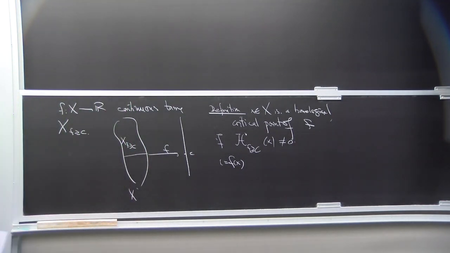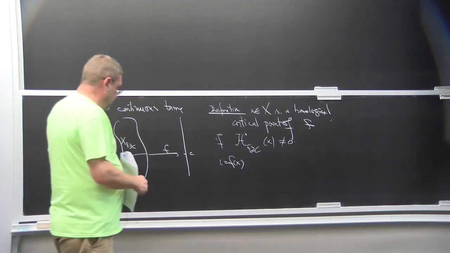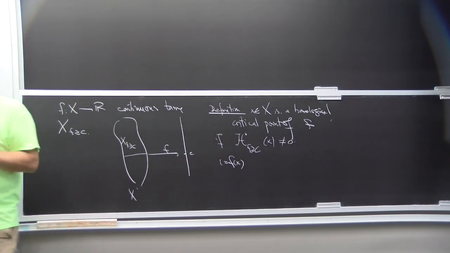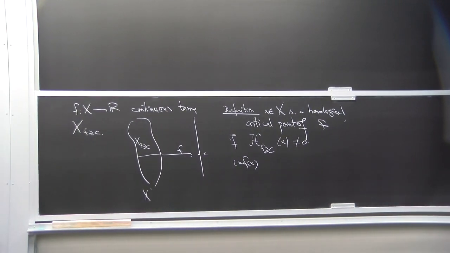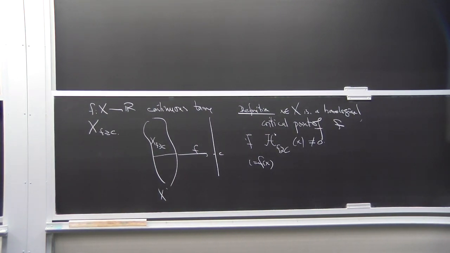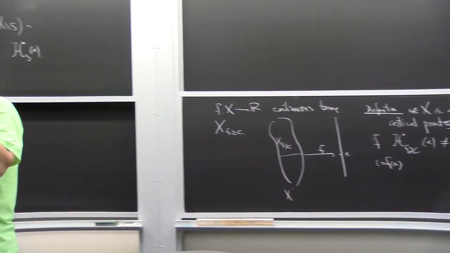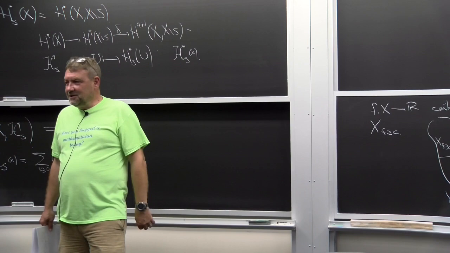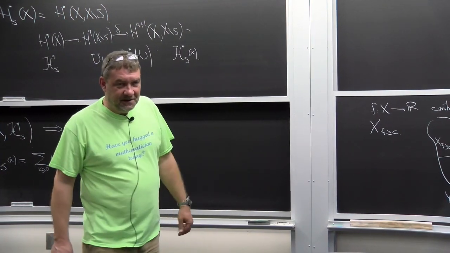Okay, that's what it means. Now, I will say that f is nice, a nice continuous function, if it has only finitely many homological critical points. Nice is a probability 1 condition. Generically, continuous tame functions are nice.